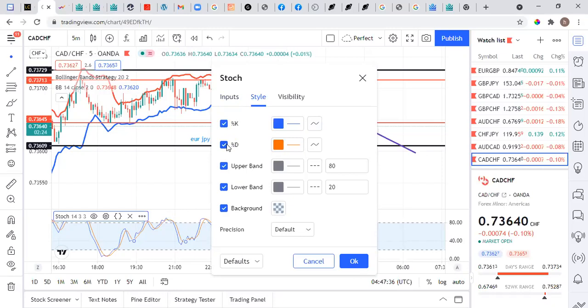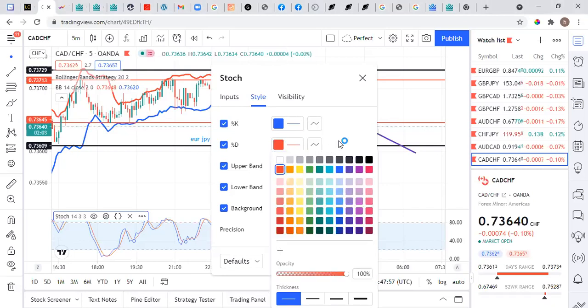This KD gives me 2 lines, and I like to have those 2 lines, the blue and the red line. If you uncheck it, the red line will leave. So let me make this red. The upper band, like always, I like to make red.